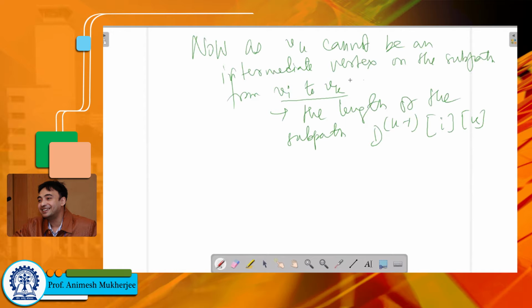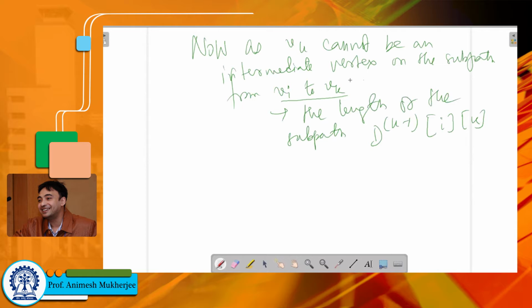Now we break this case into two parts. One is we try to reach from Vi to Vk and then from Vk to Vj. Now when we try to reach from Vi to Vk, you can immediately imagine that Vk cannot be part of the intermediate vertices in this subpath because it is the endpoint.